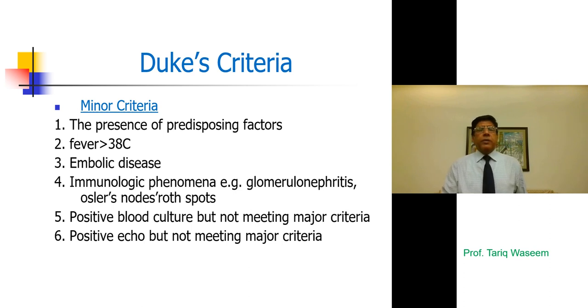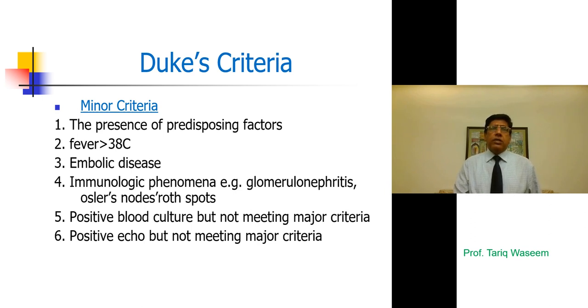Along with that, the patient may have fever, which is usually more than 38 degrees centigrade, or may show evidence of embolization, like in our case scenario 3, where the patient was embolizing to both the peripheral circulation and the brain, causing stroke as well.